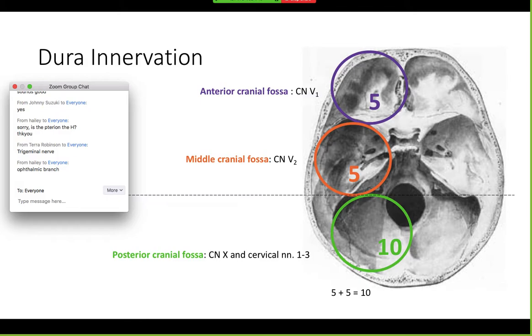And then the middle cranial fossa is innervated by cranial nerve V2, the maxillary division of the trigeminal. And then your posterior cranial fossa is innervated by cranial nerve 10. There's this trick that goes, 5 plus 5 equals 10. Hopefully that helps you remember.